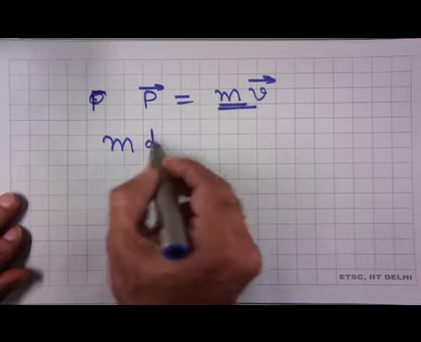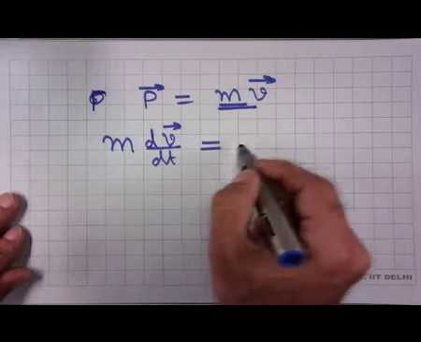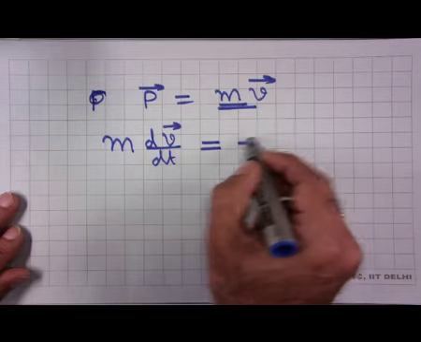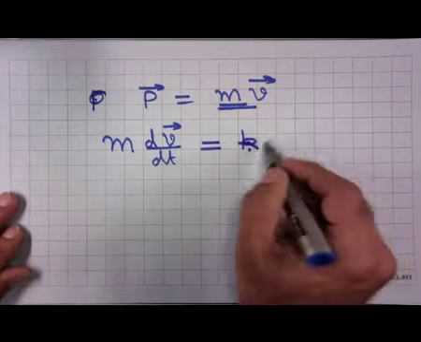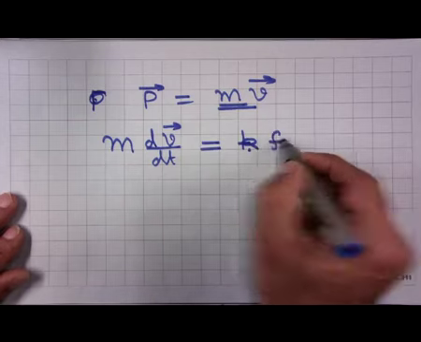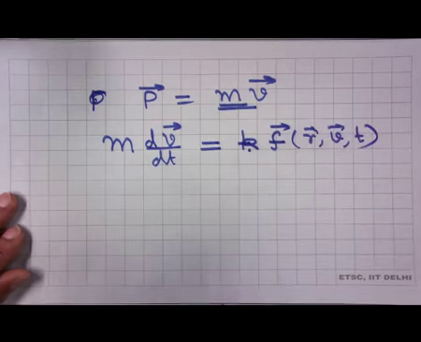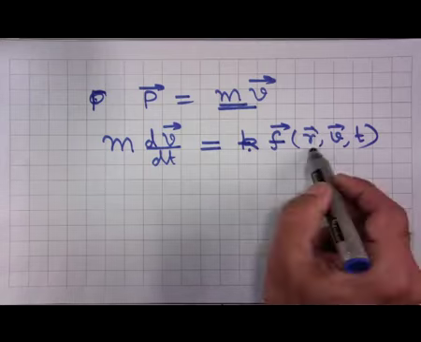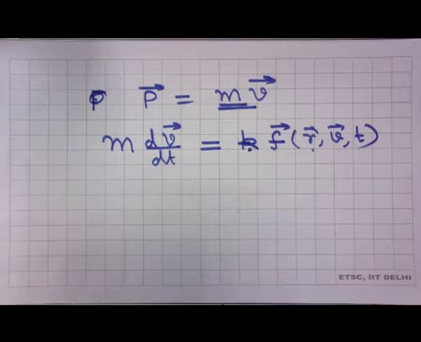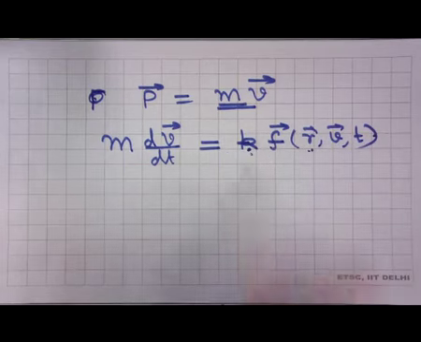If I therefore write m dV by dt equal to, let us say, some k, this is also a property of the test body, into some function of r, v, you can make it t. That is what I am doing. So, if it is an electric field, this will be the electric field, then this will be the charge. If there is a magnetic field, this will be v cross b, and this will again be the charge, so on and so forth. So, that is what I have.